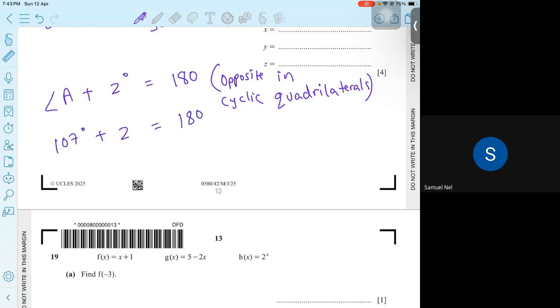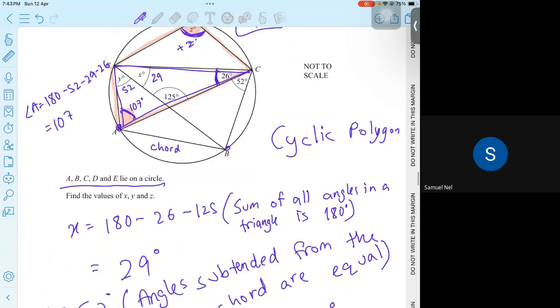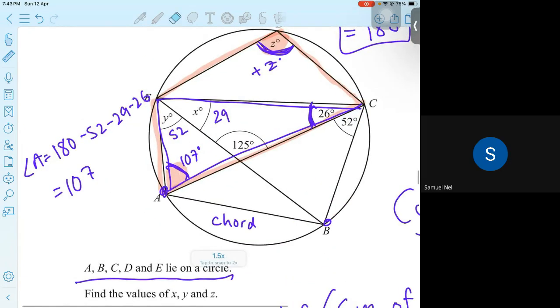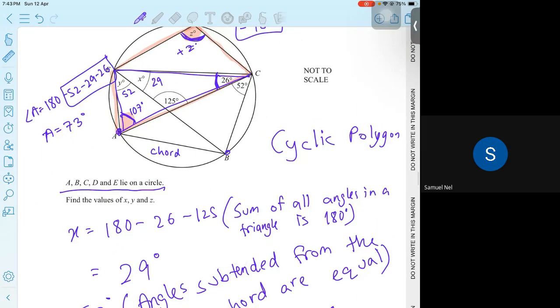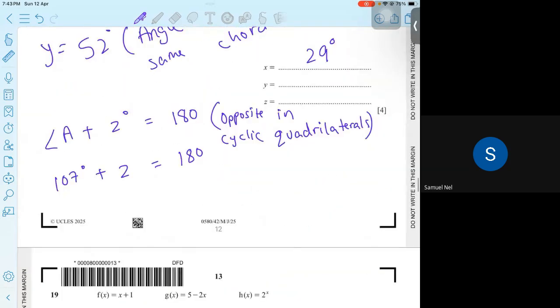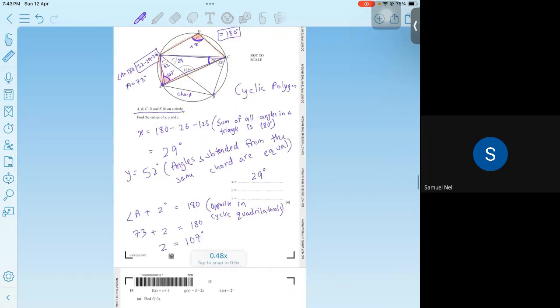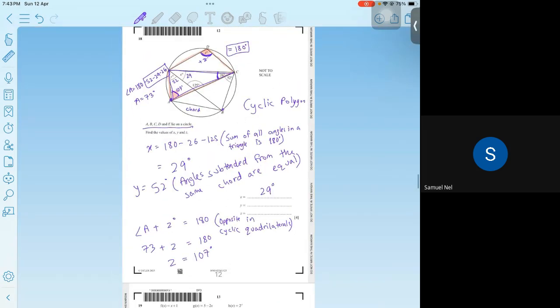So A is equal to 73 degrees. Oh, this part is 107. My bad. So when we plug in 73, we get Z to be 107, right? Are you all with me?